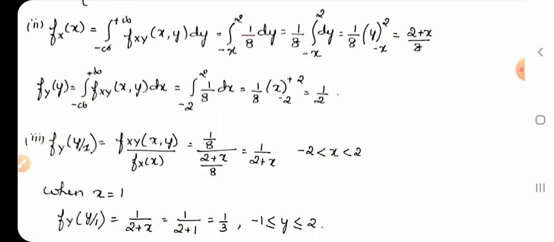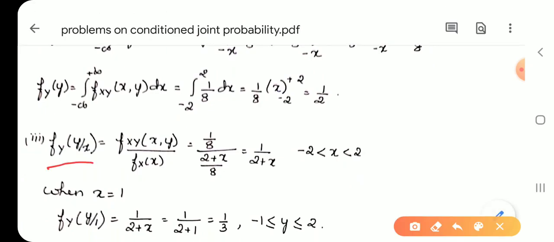Next they are asking us to find the PDF of y conditioned on some value of x, and here they have given the value of x as 1. So let us find the PDF of y conditioned on x.